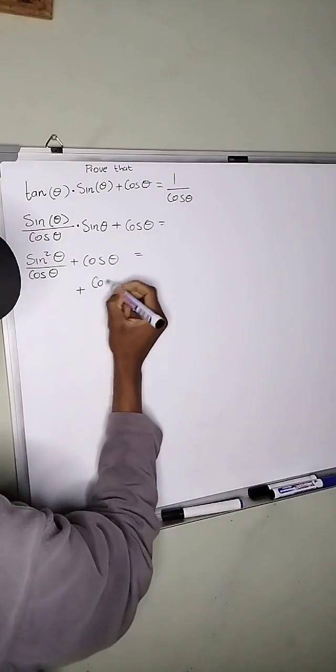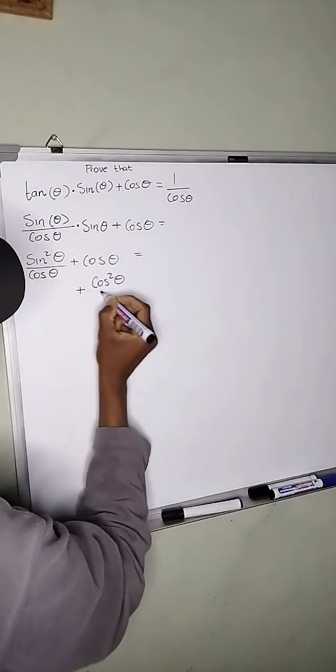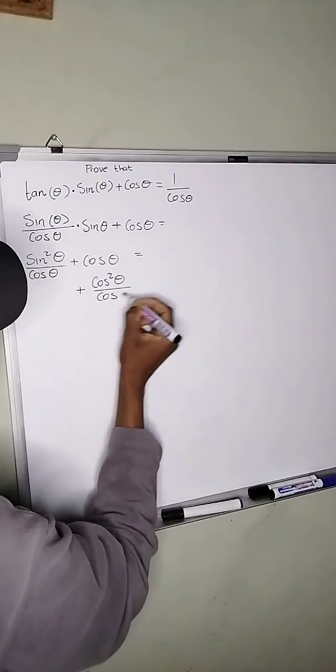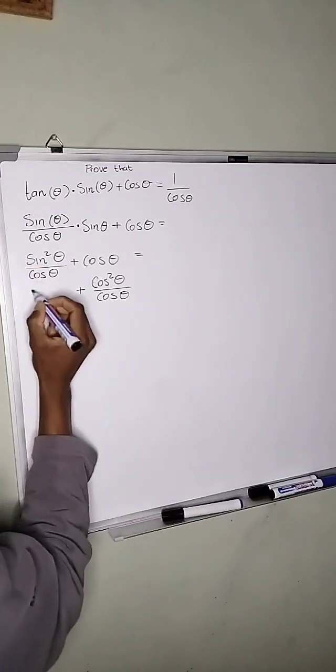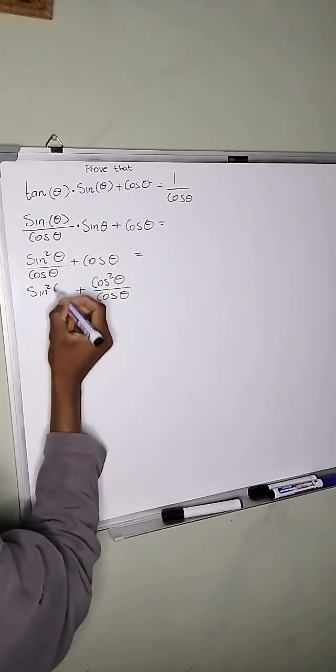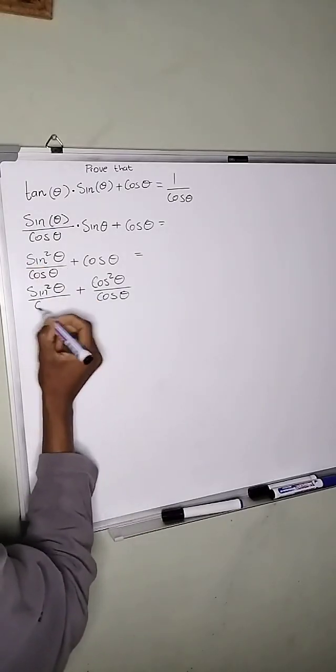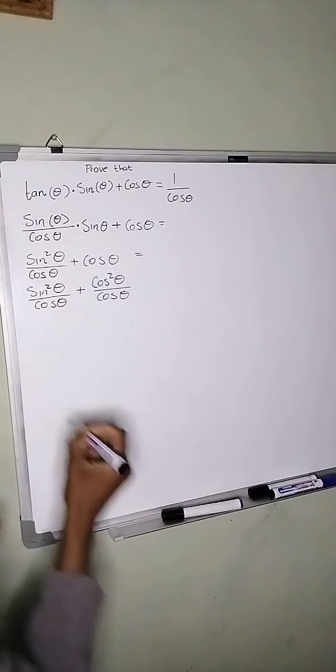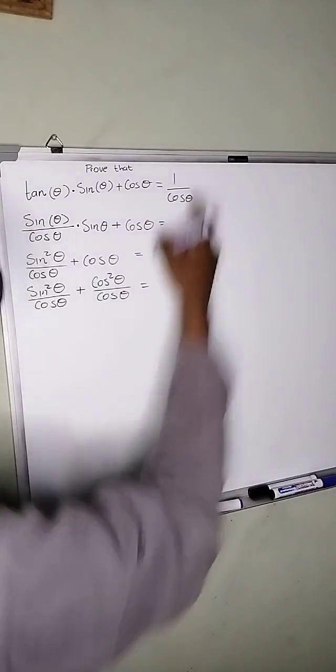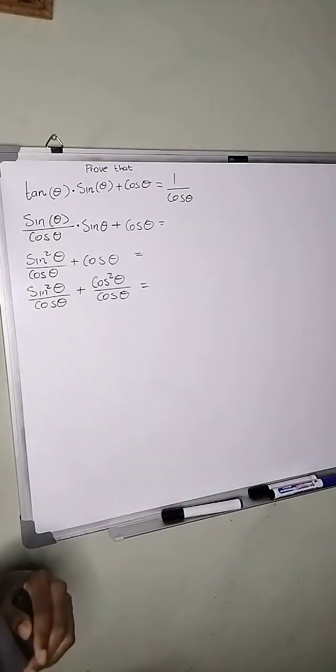So here I'm going to have cos square theta over cos theta, and here I'm going to have sine square theta over cos theta. It's going to be equal to our right hand side, right?